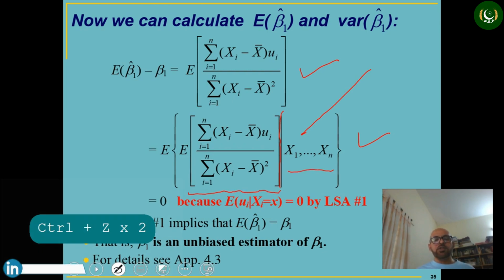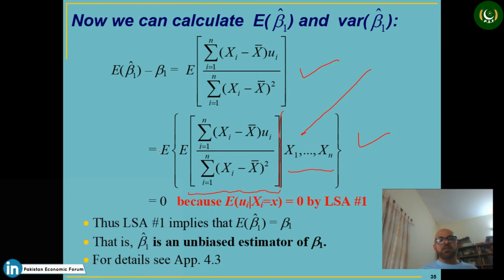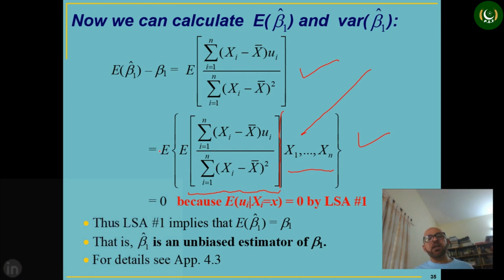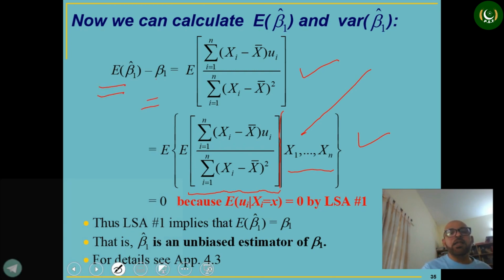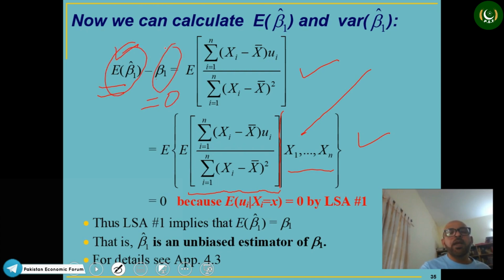From this appendix you will see with a little algebra that this is equal to 0. So the expected value of u given x equal to 0 means the expected value of beta 1 hat minus beta 1 equals 0, which means this will be equal to beta 1, which means the OLS estimator will be unbiased.